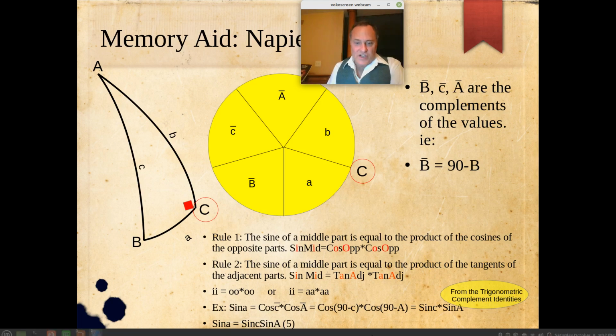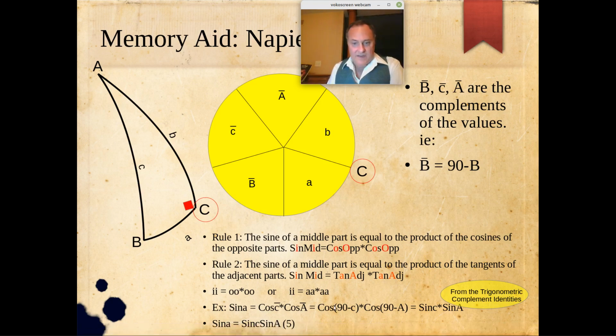So I can change this value, cosine of 90 minus c. The complement identities tell me I can change that into the sine of just c by itself. And the cosine of 90 minus a, well, that's just the same thing as the sine of a. So what I've done is changed sine a into sine c times sine capital A, and that's number 5 in our list.